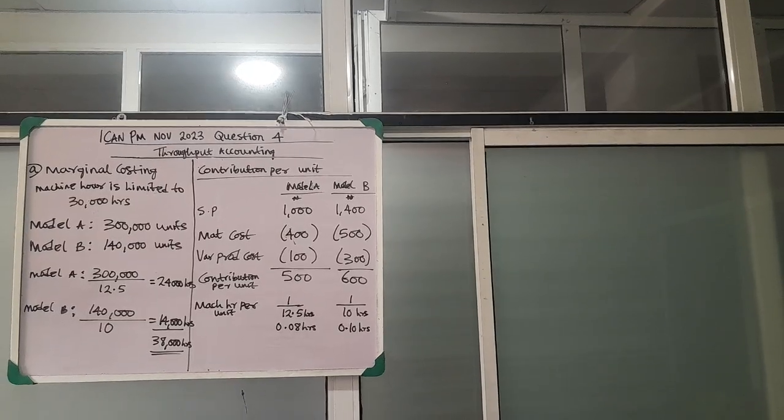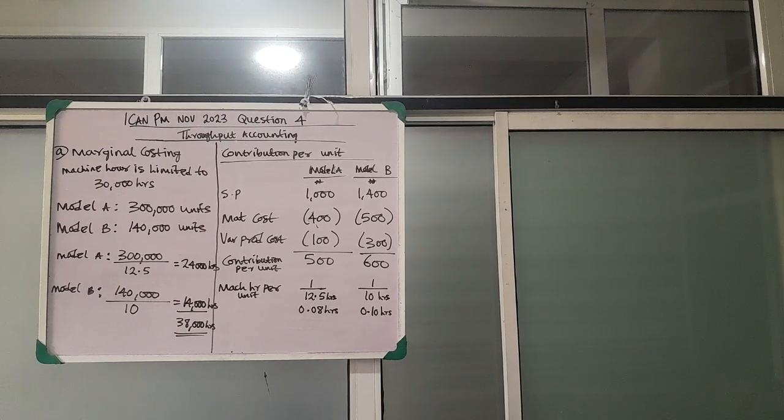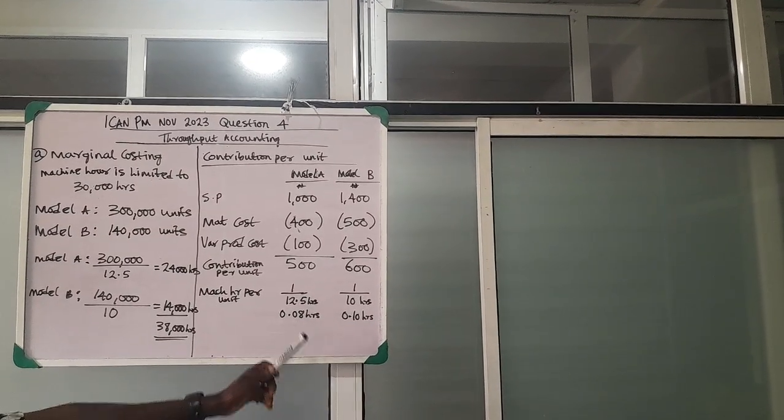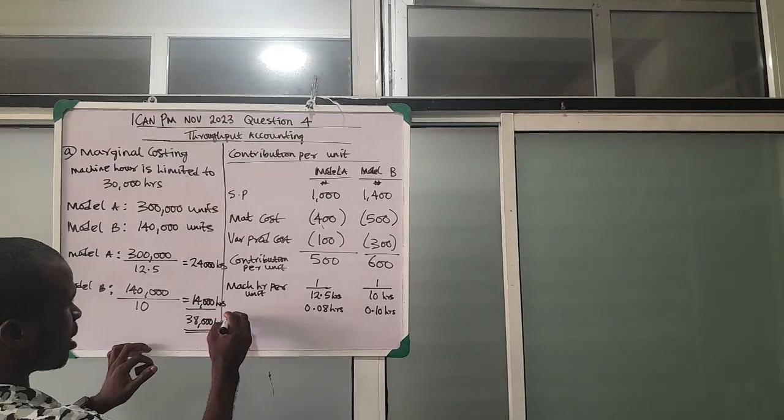Then we need to get the contribution per machine hour. Contribution per machine hour will be to divide our contribution per unit by the machine hour per unit.